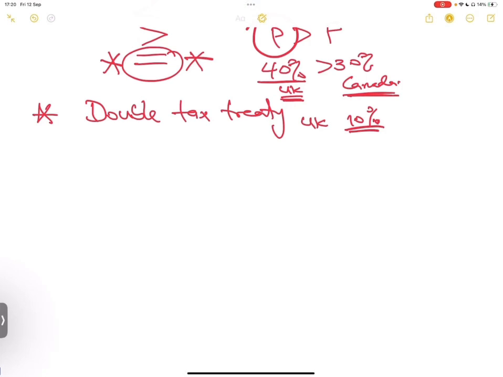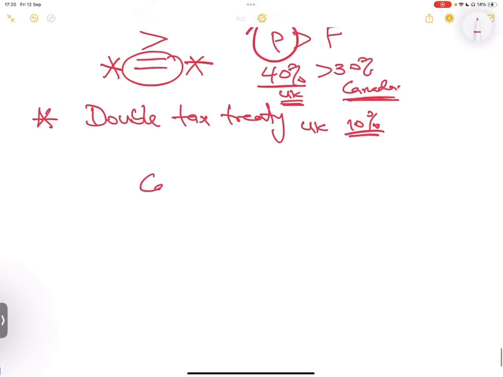Okay. So I was explaining the double tax treaty. Very important to know that. Take for instance, let's say you have a Canadian company that is trying to invest in the US. So you are appraising a US investment. But in Canada, your tax rate is 33%, but in the US, it's 40%.